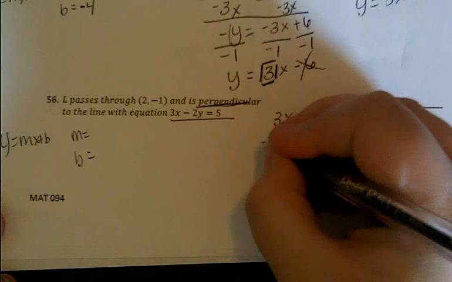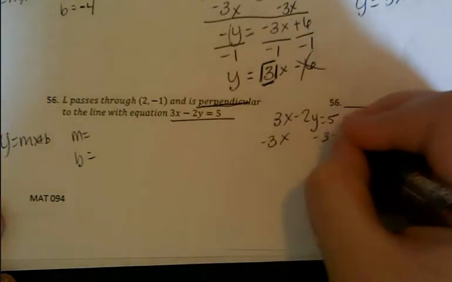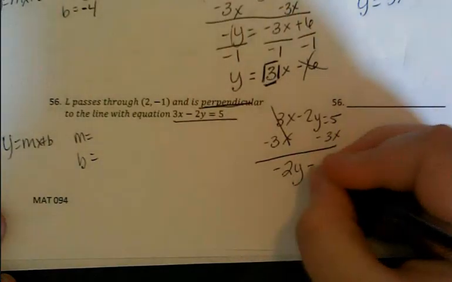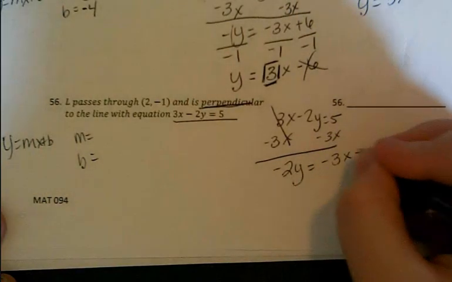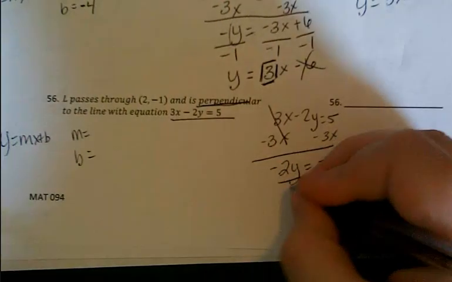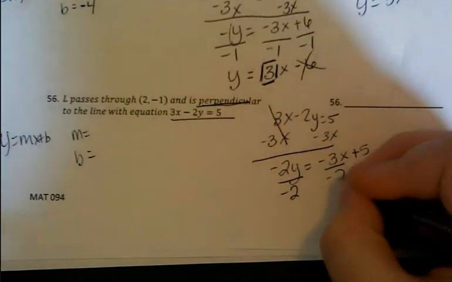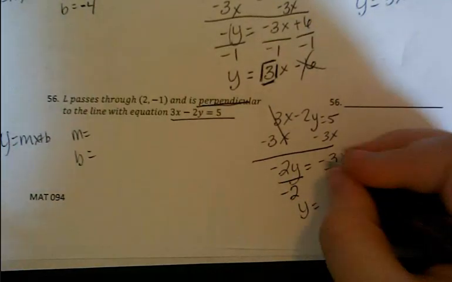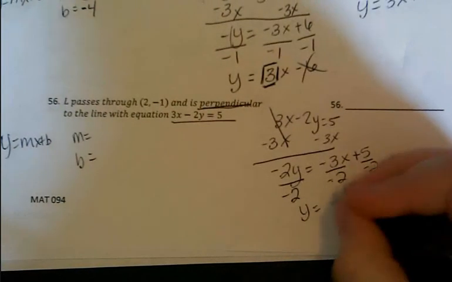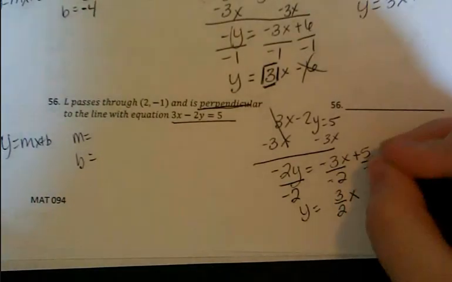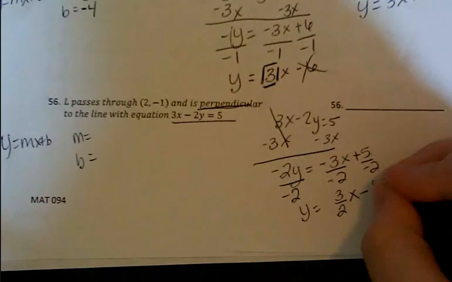Now subtract 3x from both sides to get negative 2y equals negative 3x plus 5. And then I'm going to divide everything by a negative 2 to get y equals, a negative divided by a negative is a positive, 3 over 2 x. And a positive divided by a negative is still a negative.